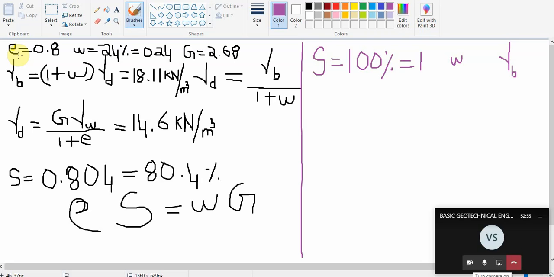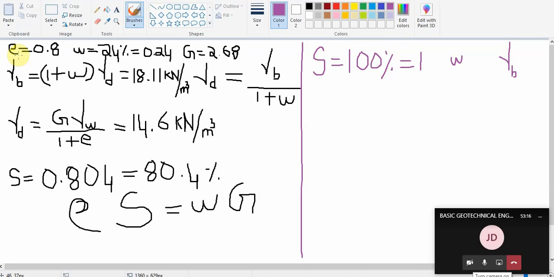It will change, sir. What is voids ratio? It is volume of voids divided by volume of solids. So to change voids ratio, either you have to change volume of voids or volume of solids. You cannot change volume of solids.